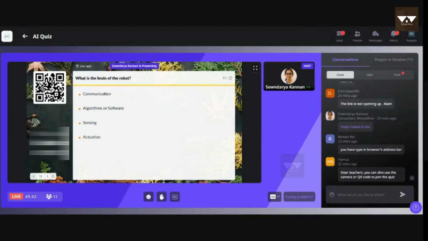The question is, what is the brain of the robot? Communication, algorithms or software, sensing, actuation. There is only one right answer to the question. It's pretty easy.